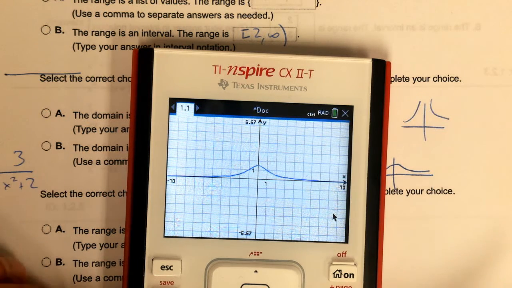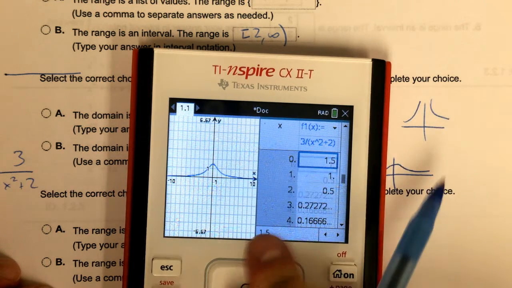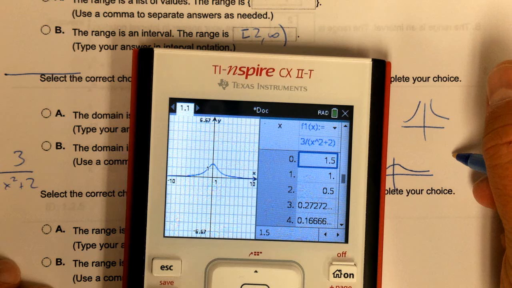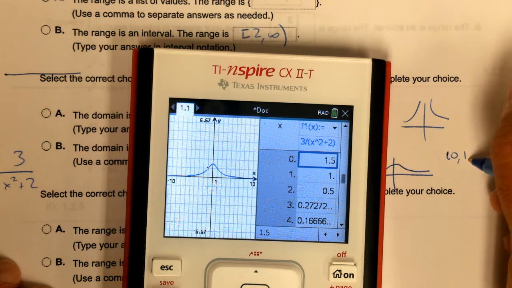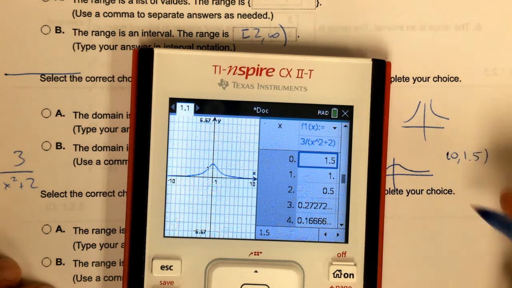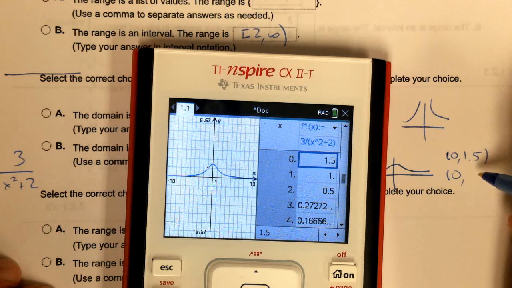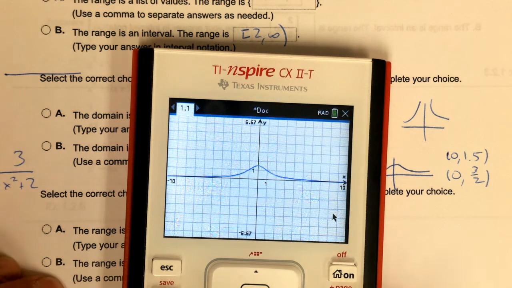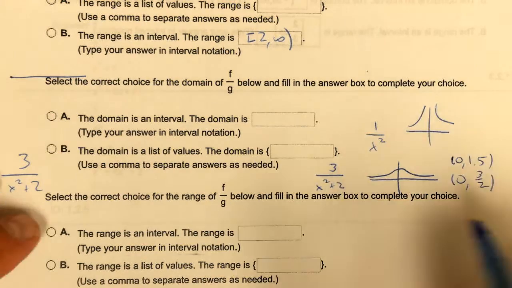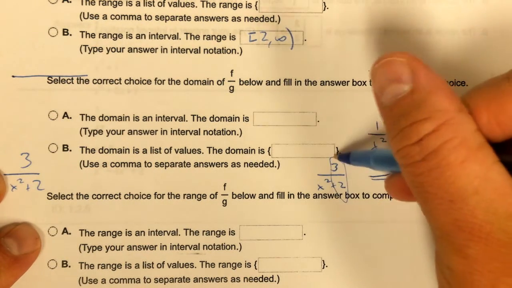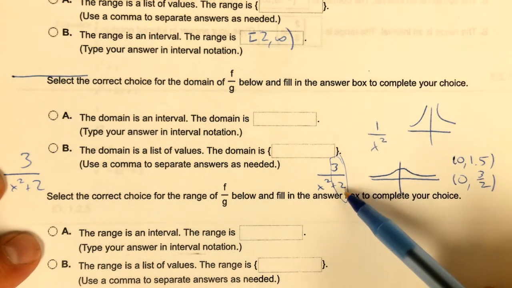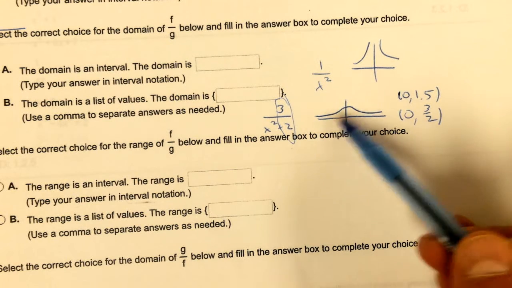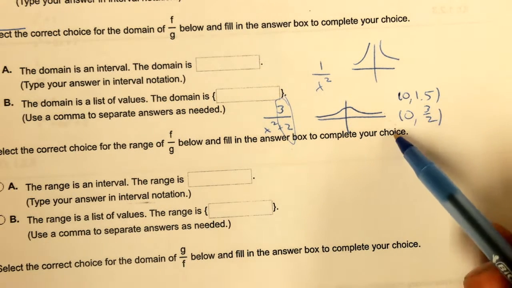If you go in your table, you'll see 0 is 1.5. And the other way to write 1.5 is 3 over 2. Now notice in our fraction we had 3 over 2 like that. And so that will be a big hint for how you do that.